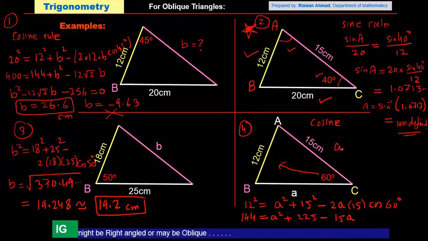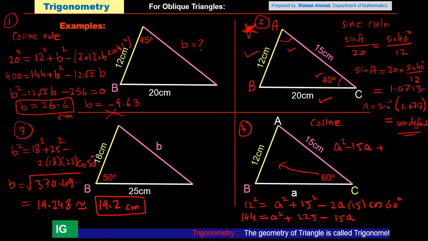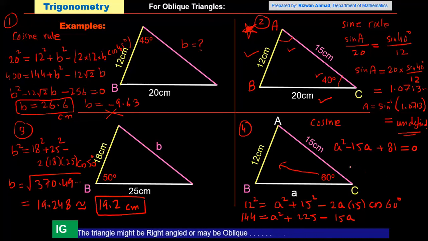It will be a square minus 15a plus 225 minus 144, which is 81, and that is equal to 0. Now using the quadratic formula, we will get the two possible values of a.